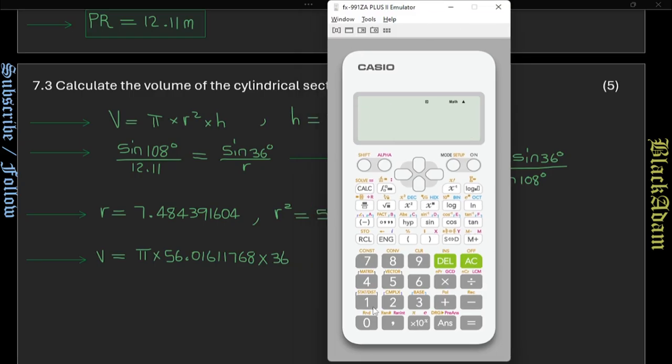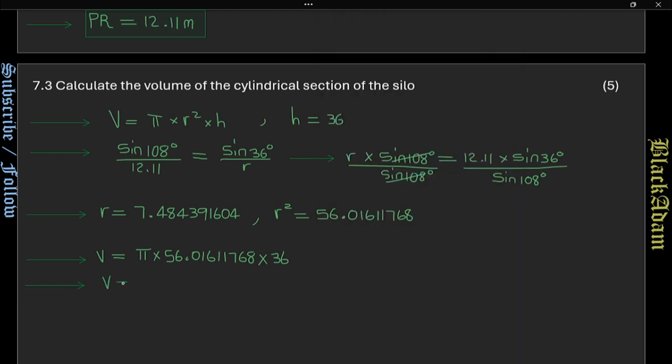Using the calculator once again, that gives us 6335.27 meters cubed. That's our final answer.